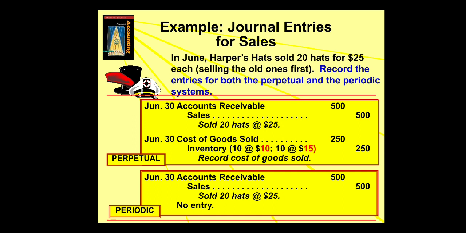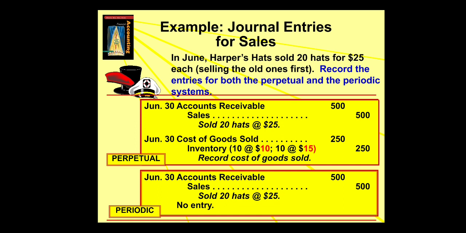So the business sells 10 hats at $10 first, and then the second oldest inventory is at $15 cost per unit. So 10 hats at the cost of $15. So total inventory that goes out is $250. The inventory going out is a decrease in inventory, so credit account inventory $250.